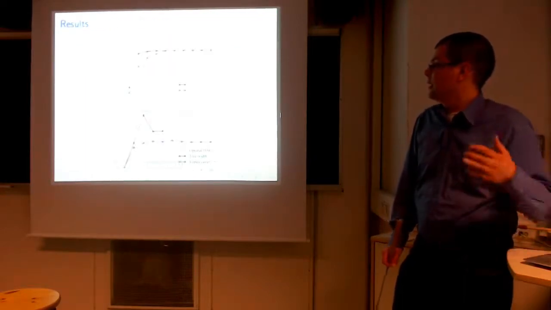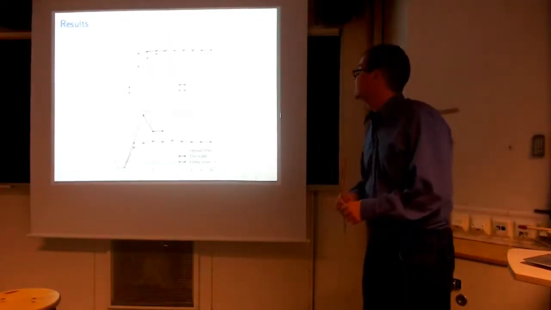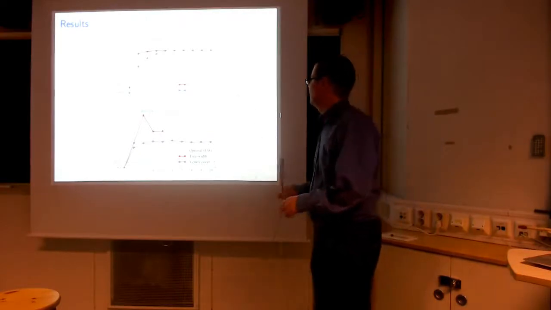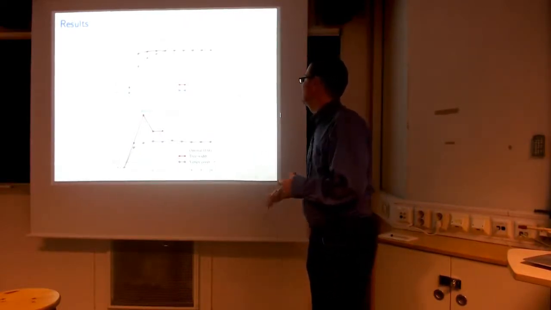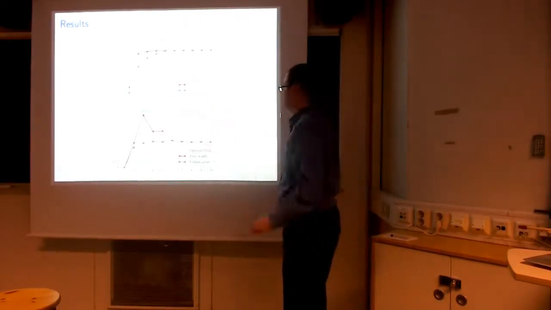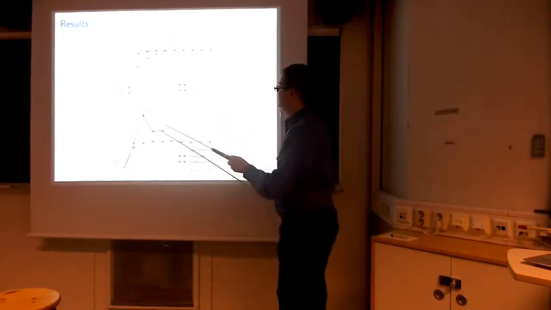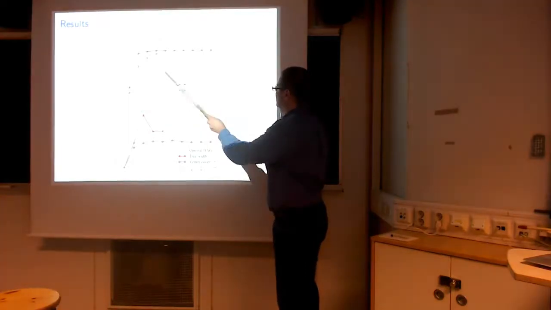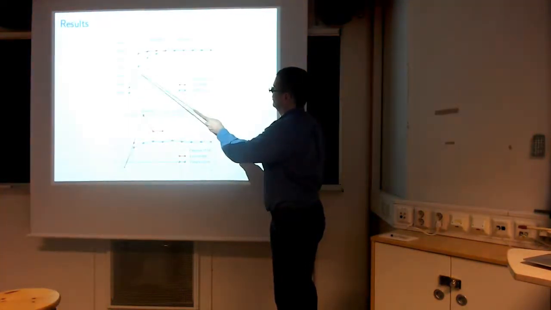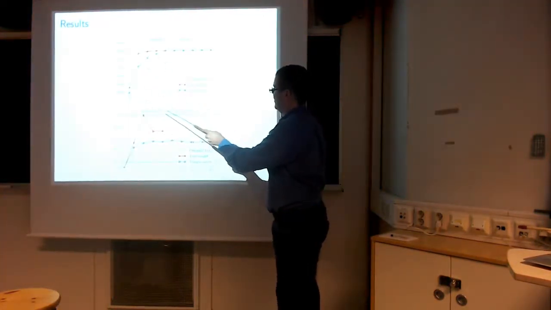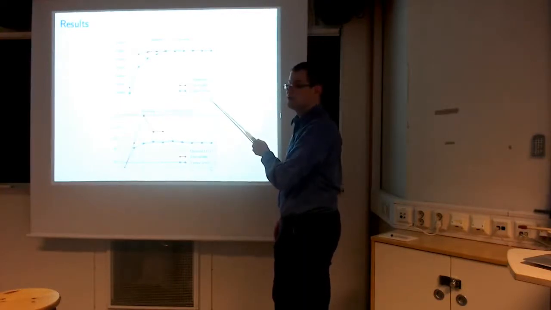So now we can compare the bounded vertex cover Bayesian networks and bounded treewidth Bayesian networks. Here we have one fixed data set. The red curve is bounded treewidth, blue is bounded vertex cover. Here on the x-axis we have the bound.